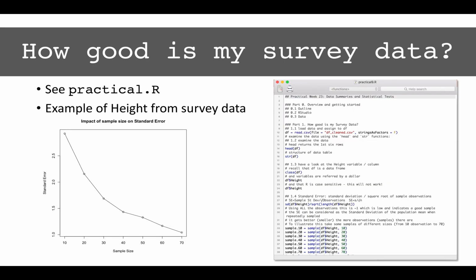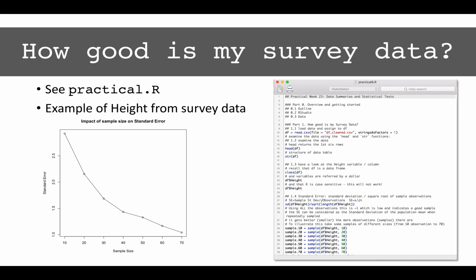So if you have a look at the practical, it is called practical9.r, not practical.r. Sorry about that. In that, we have a look at the effect of sample size and the impact of sample size on the standard error. The plot shows that the standard error decreases with sample size. Now, obviously, different variables will have different standard error values.